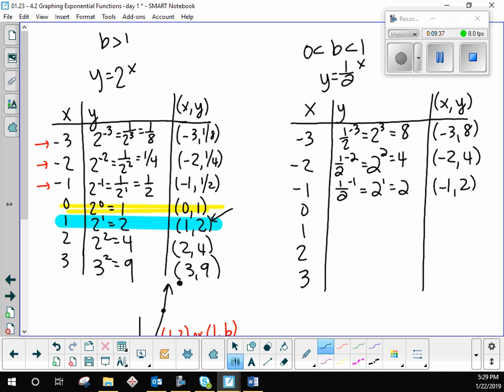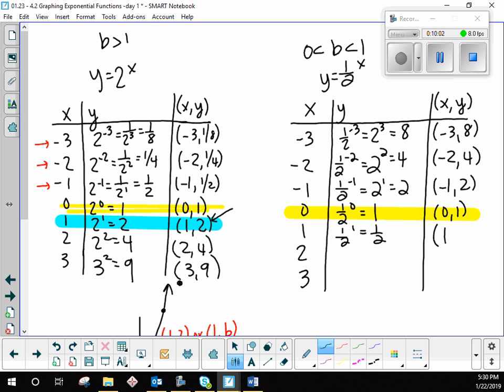And here we go with the 0. 1/2 to the 0. Anything to the 0 power is 1. So my point here is 0, 1, just like the previous graph. Now when I put 1 in, it gives me the base, whatever the base is, 1/2.